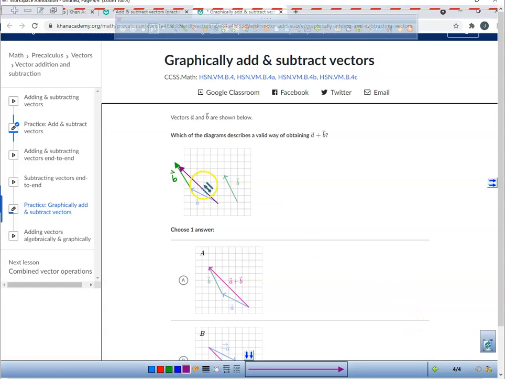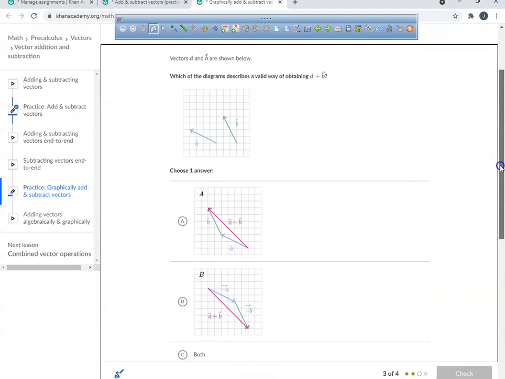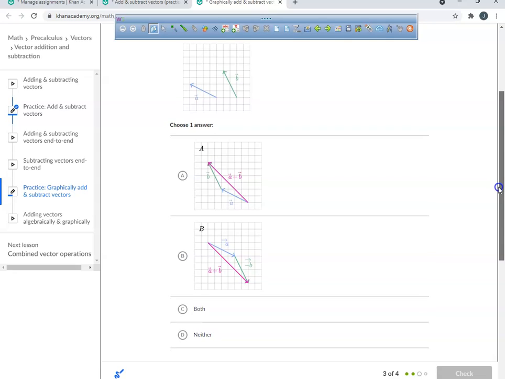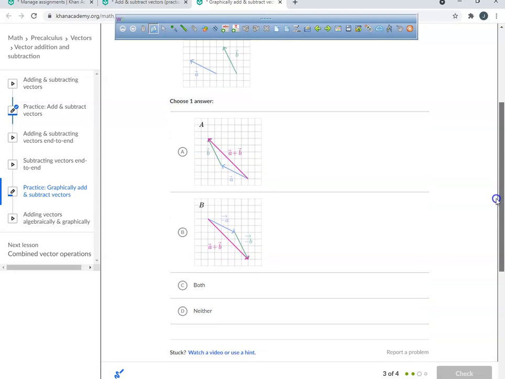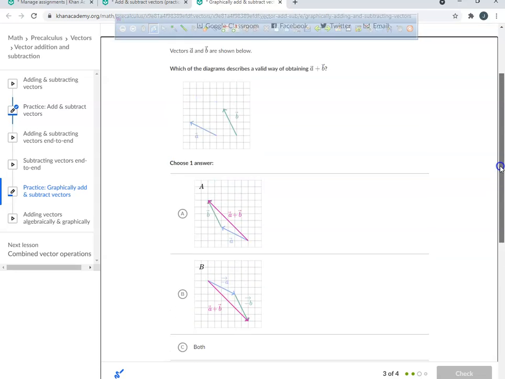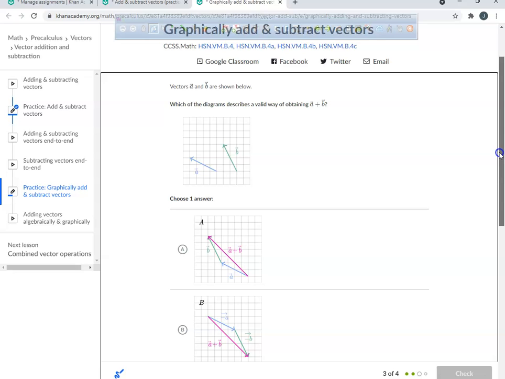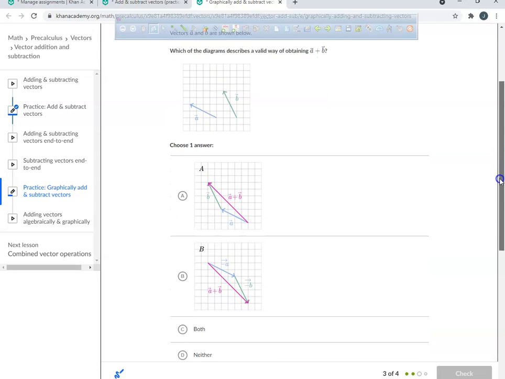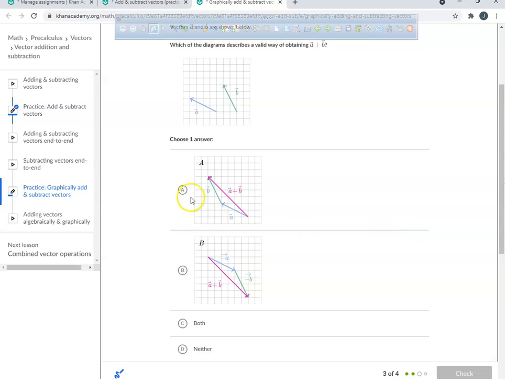That means vector A plus vector B. So I'm feeling pretty good about answer choice A. Oh, hold on. It says choose one answer. So which of the following describes a valid way of obtaining it? Interesting. A does, but check out this one.